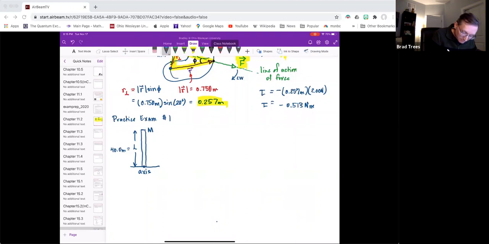Let me draw that. So there's the axis. There's vertical for reference. And the chimney is still just a rigid cylinder or rod of length L, but it has now rotated through an angle theta measured to the vertical.